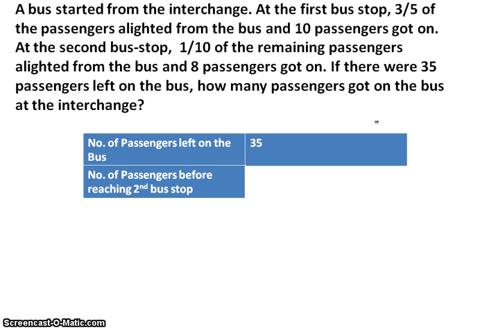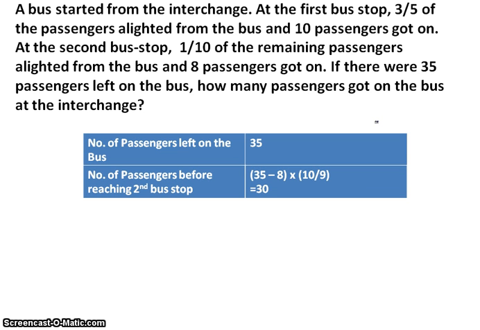We know that 8 passengers got on at the second bus stop, so we want to use 35 minus the 8 passengers who got on, so that we'll have the number of passengers that were on the bus before reaching the second bus stop. Then we'll use 35 minus 8 multiplied by 10/9, which will give us 30.